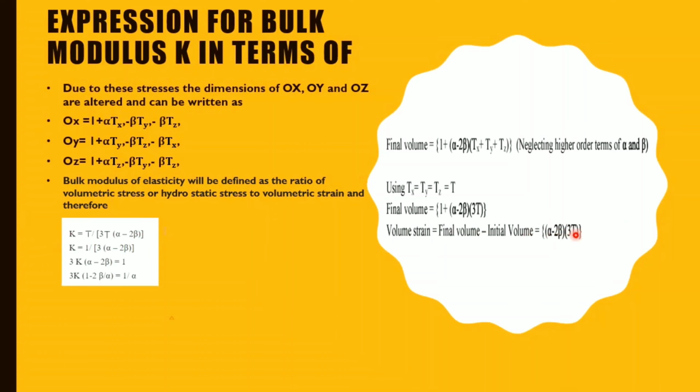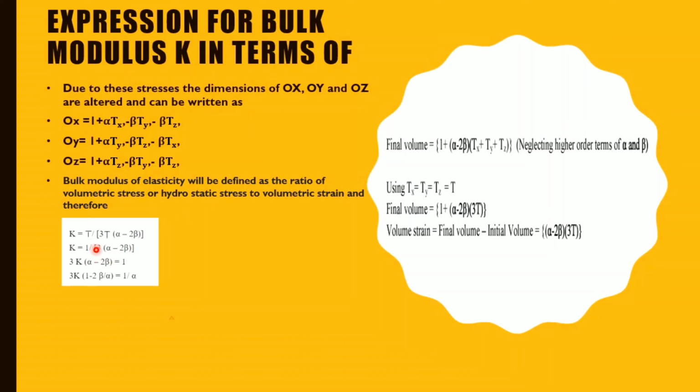T gets cancelled, so K is equal to 1 by 3 times alpha minus 2 beta.